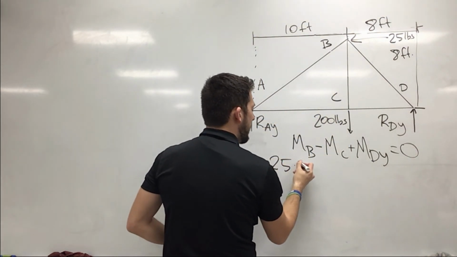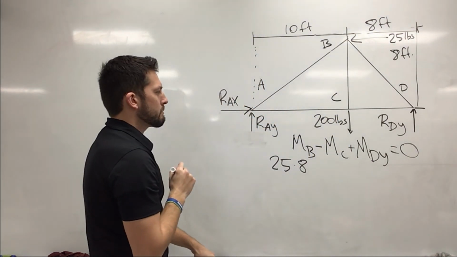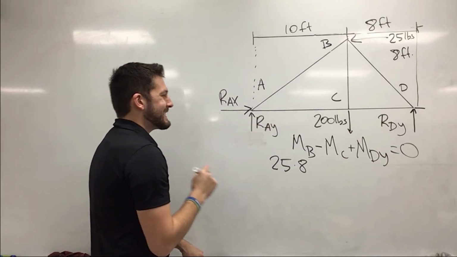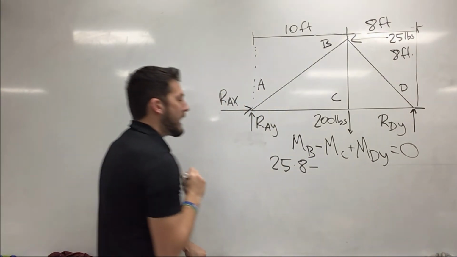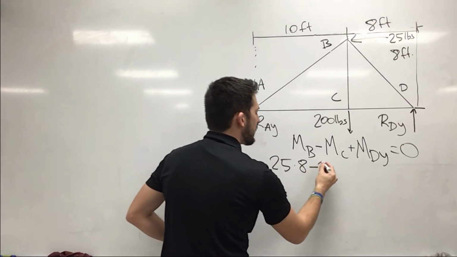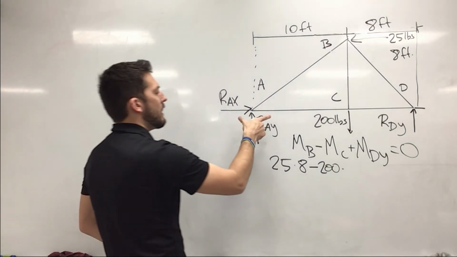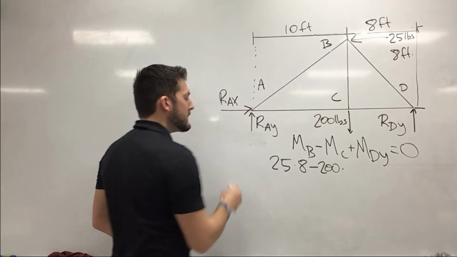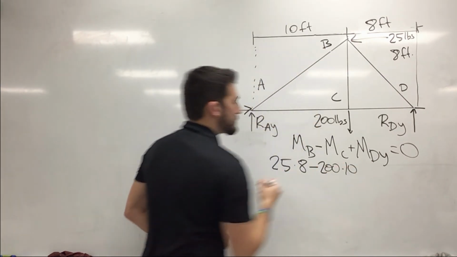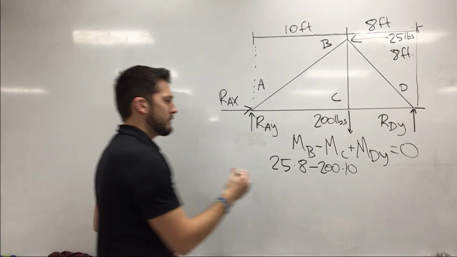So I'm going to say 25 times 8. Now for joint C, I have a force of 200 pounds, and I have a distance of 10 feet, because that is my perpendicular distance.